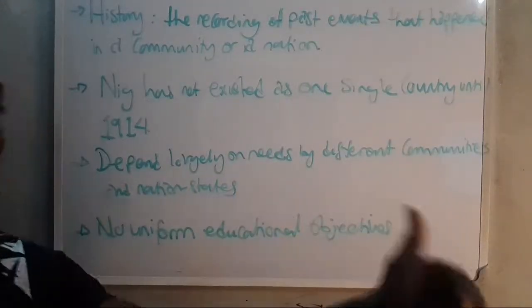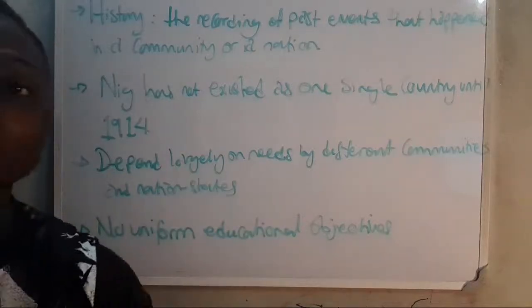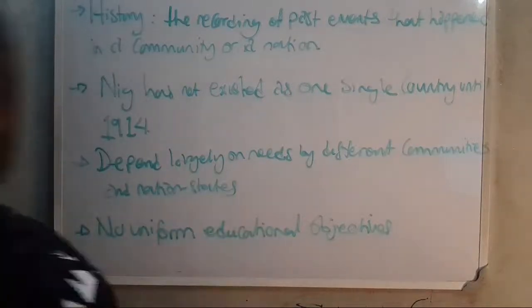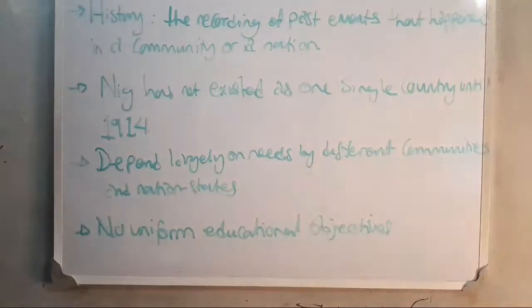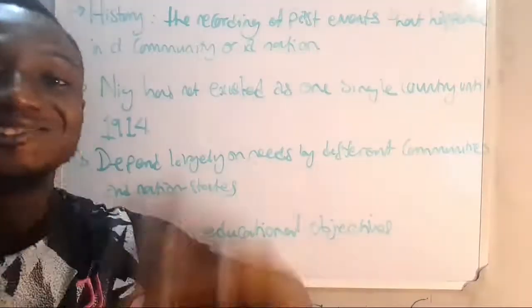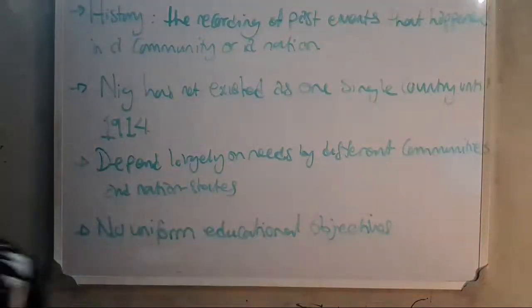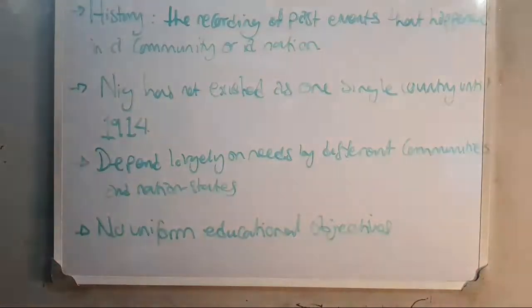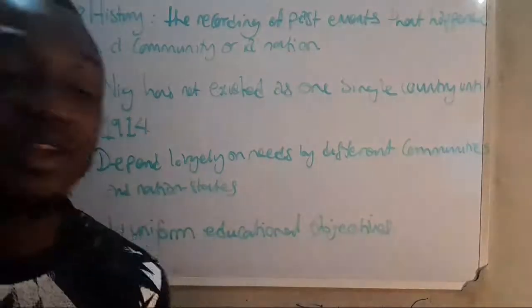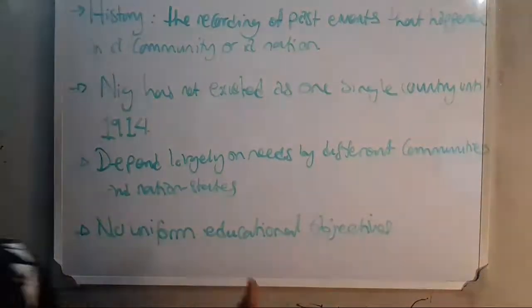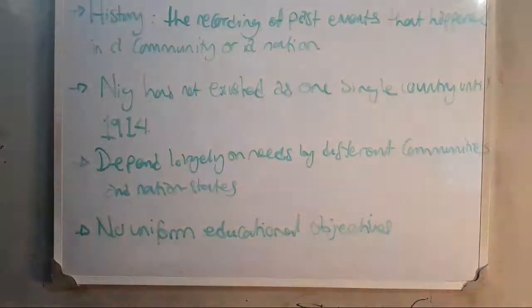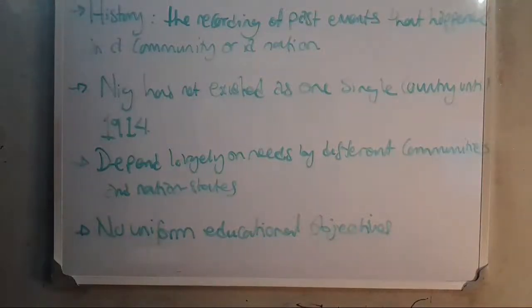Every community had their own curriculum as they deemed fit. That's why I said not until 1914 was there a generally accepted curriculum development, or generally accepted or acknowledged educational objective. So we have that as that.